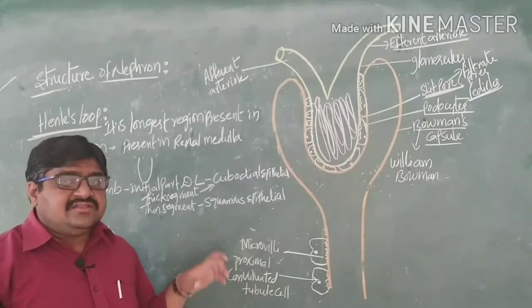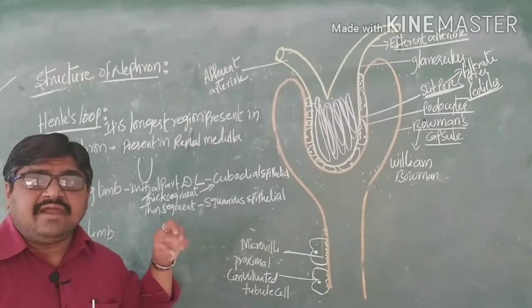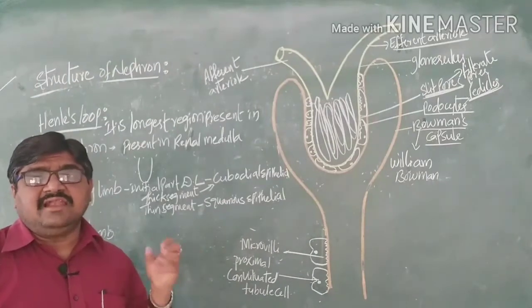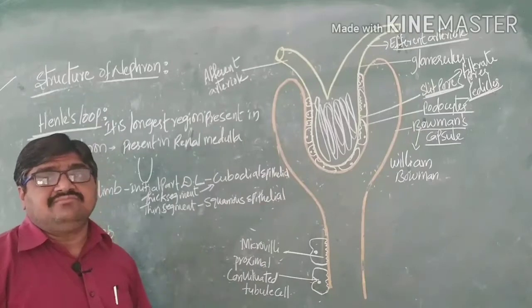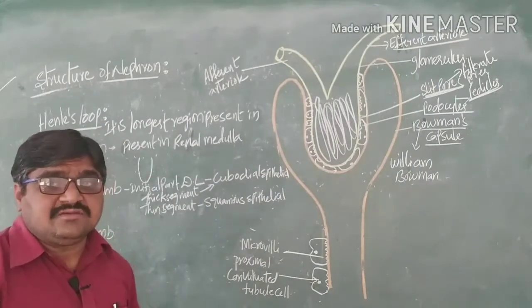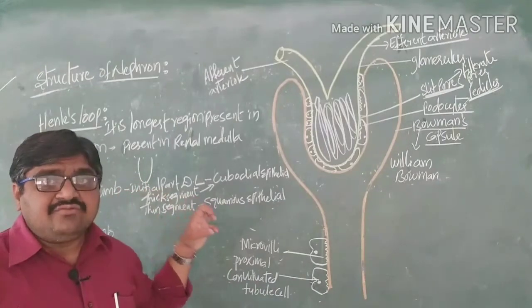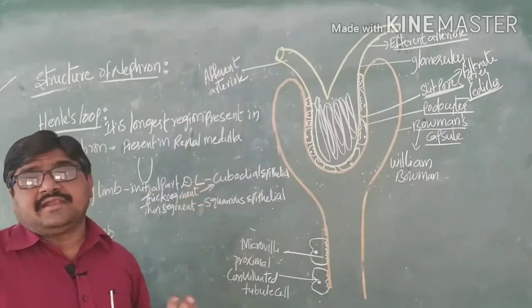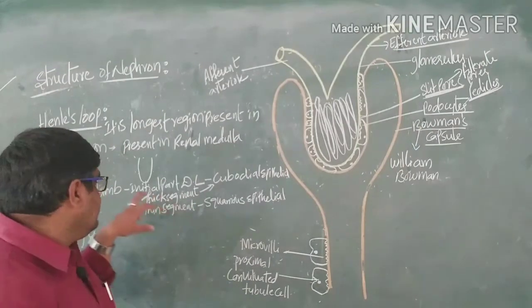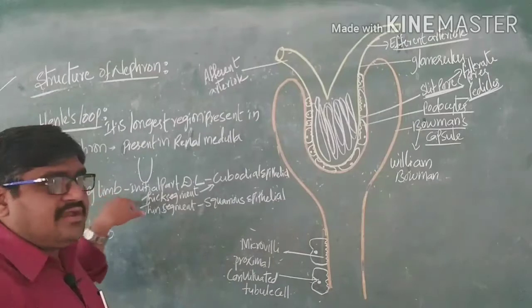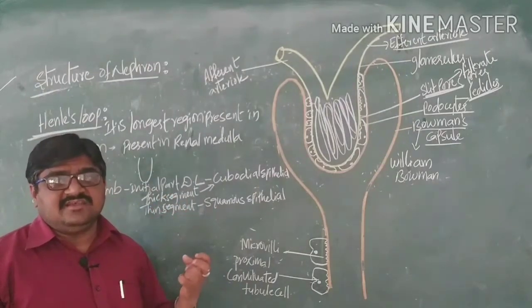Here the descending limb is mainly meant for the absorption of sodium and potassium ions, and there is no absorption of water. The descending limb is mainly meant for sodium and potassium ions to be absorbed in this segment.